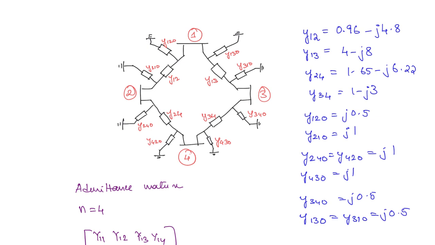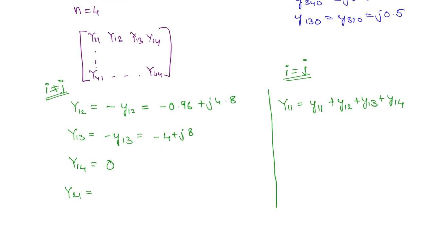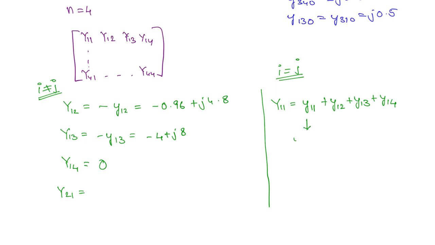So what is y120? It is given as j0.5, and y130 is given as j0.5. So y11 is equal to y120 plus y130, which is equal to j1. Okay.